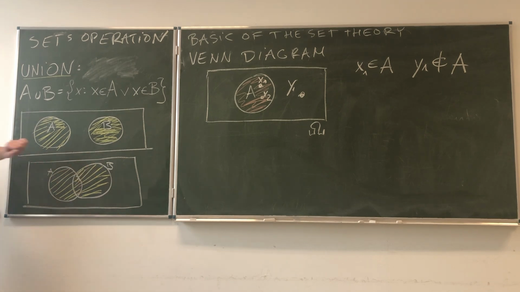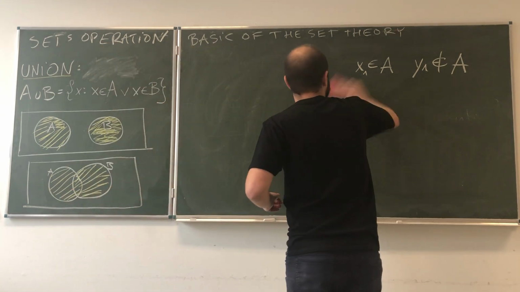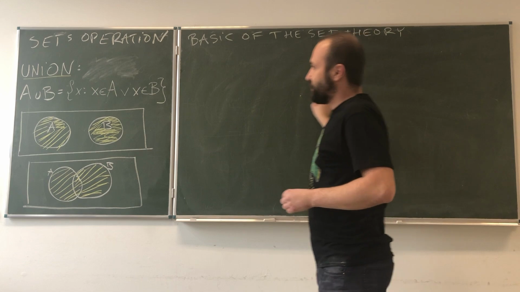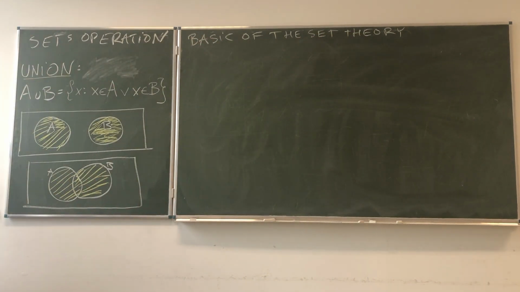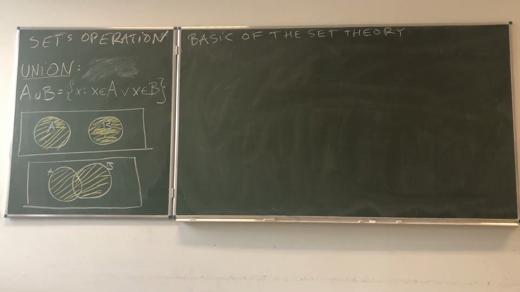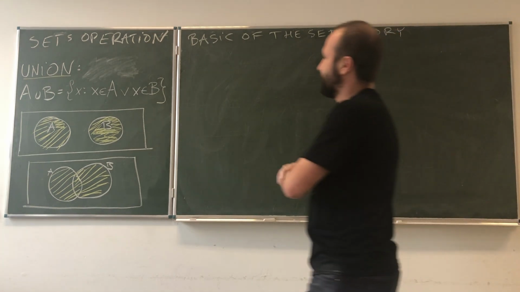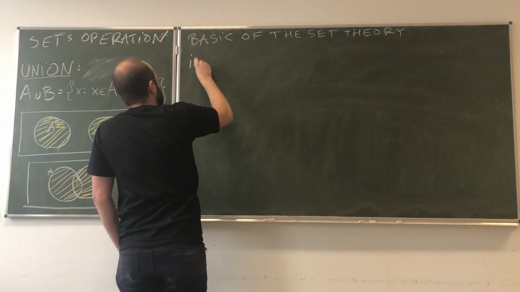So we collect them all. Now we can get to operation number 2. In a second, once we've established the main operations, I will show you examples of how it works, but let's just wait a second. Okay, so next is intersection.